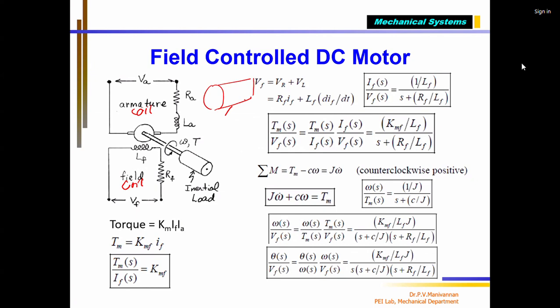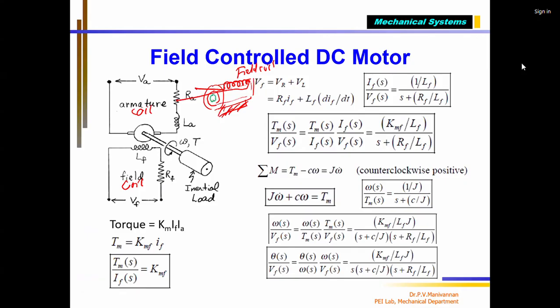This is the body, which is fixed, and here you have the coil. In the body, you have a coil coming out. This is called the field coil. It won't move. Correct? The body is fixed, it is a hollow cylinder, and on the periphery of it the coil is fixed. Then you have the rotating part called the armature.